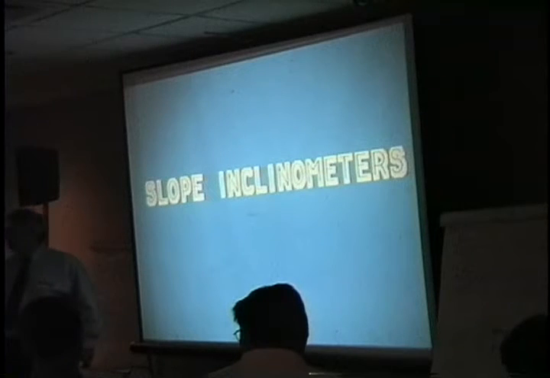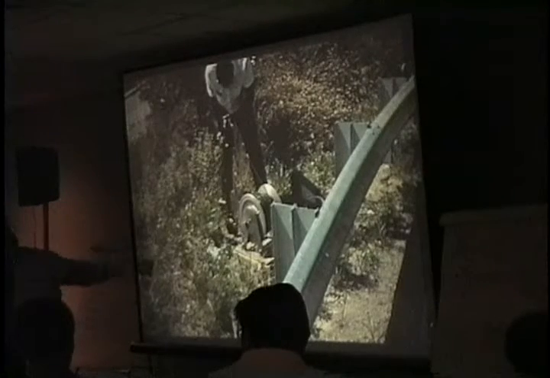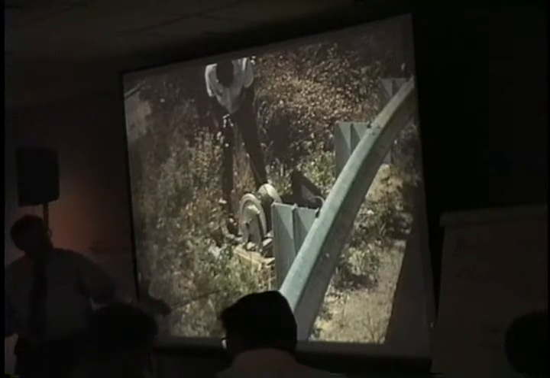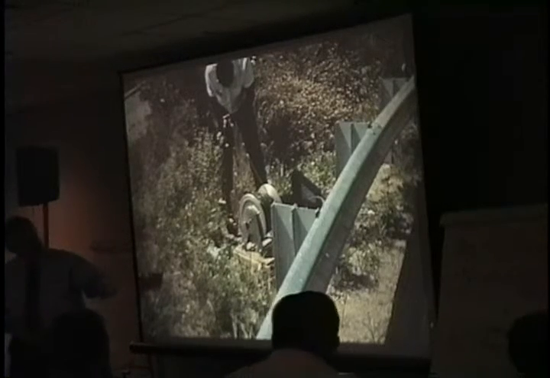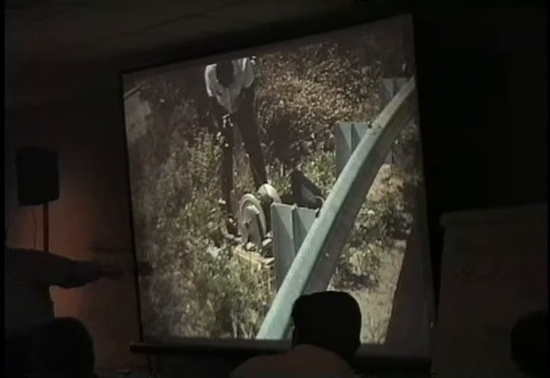Slope inclinometers, this is just like you install a pipe. It's the same thing as having a tree on the side slope. But when you drop a pipe and there's some slope movement, the pipe does two things.